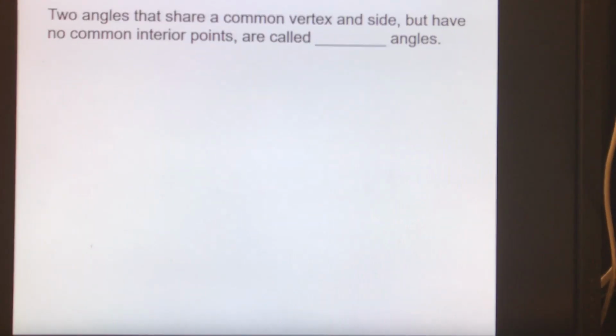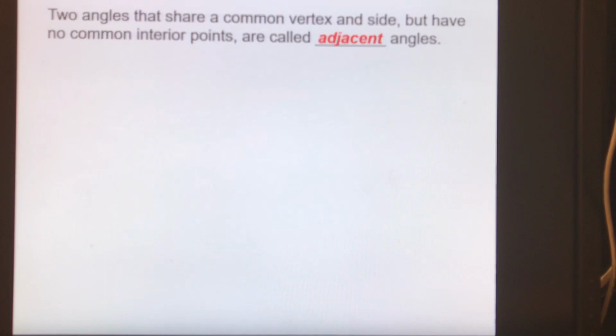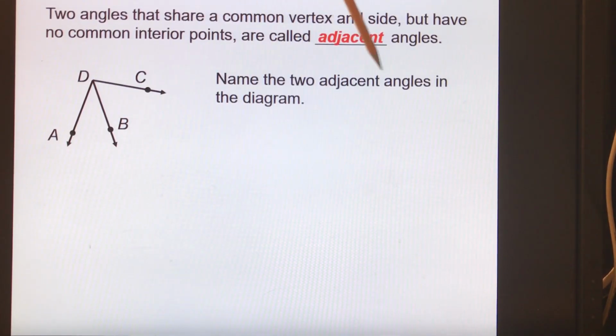Okay, 2 angles that share a common vertex and side but have no common interior points are called adjacent angles. Okay, so we have adjacent angles here. Here's the common vertex, and here's that common side that is being shared with these 2 angles here. Okay, so to name the 2 adjacent angles, we must identify the vertex that's common and the side that is the same or being shared by 2 angles.